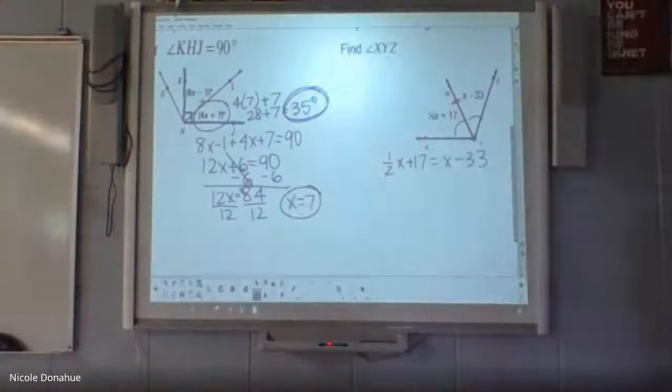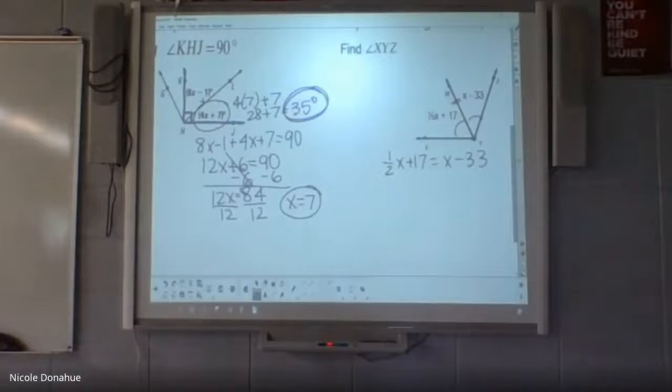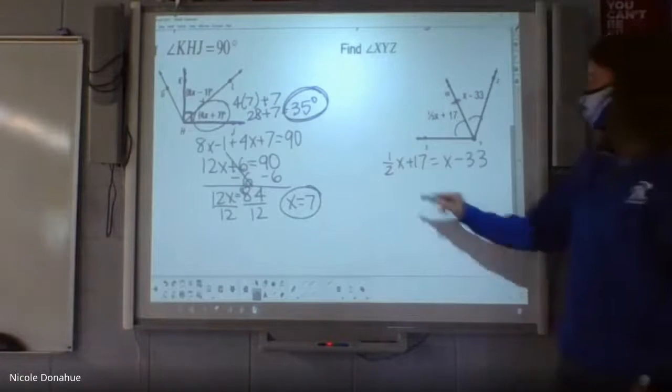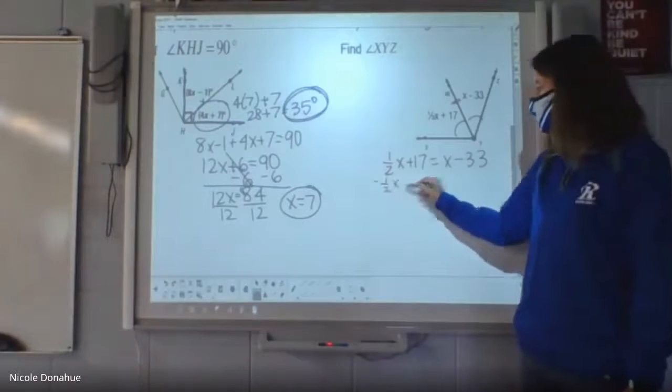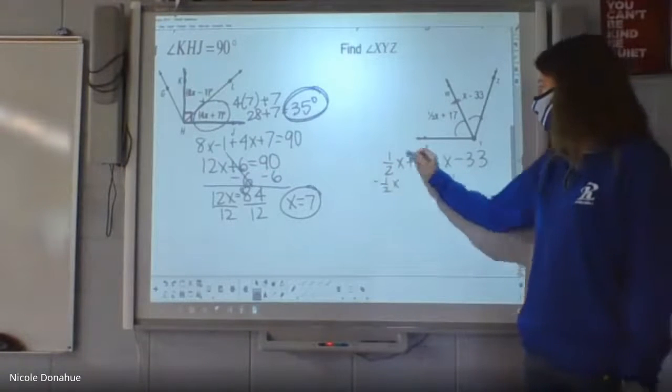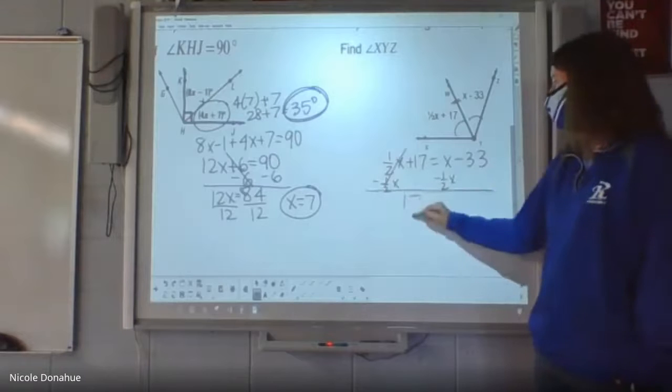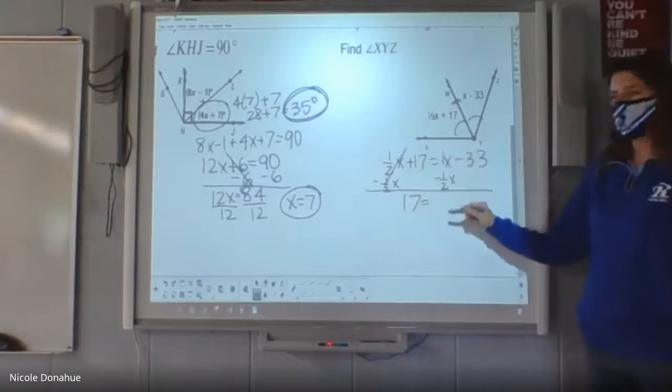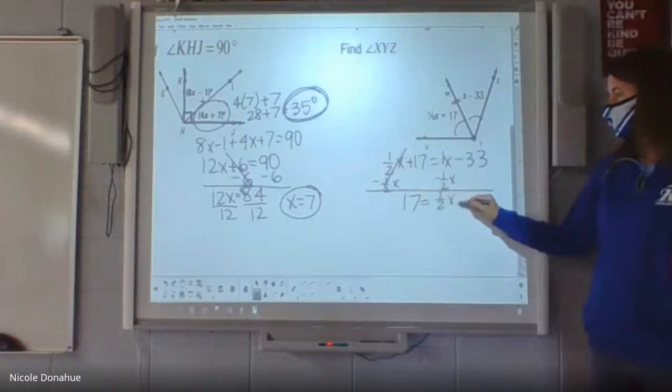Any preference on what we do? Decimal, please use decimal. Doesn't really matter to me. I'm going to move this one over the half. So 1 minus a half is going to be a half, or 0.5.